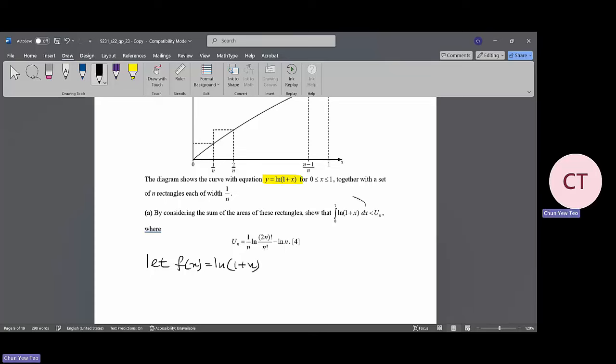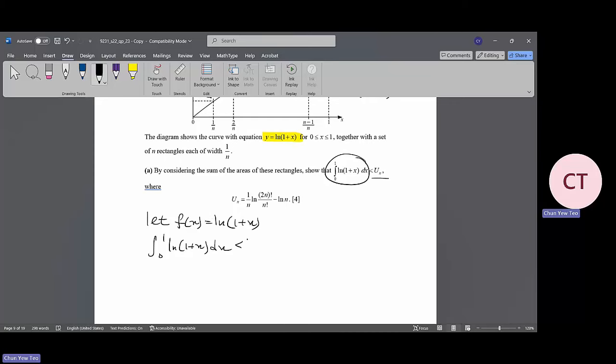In order for the area under the graph to be less than U_n, the area of the rectangles is supposed to be higher than the graph. To get higher than the graph, this will be my first value, f(1/n), that will be my second value, f(2/n), until the last value over here is f(n/n).